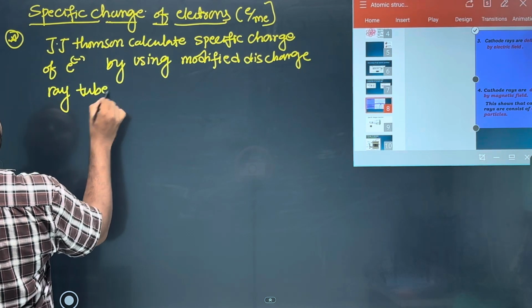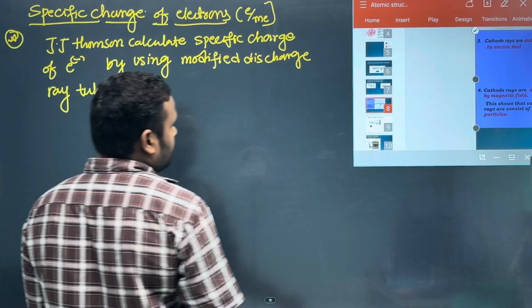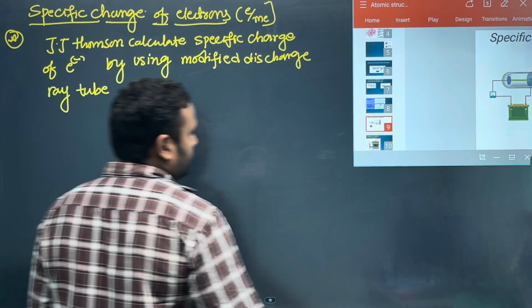Now let us see what this modified discharge ray tube is.